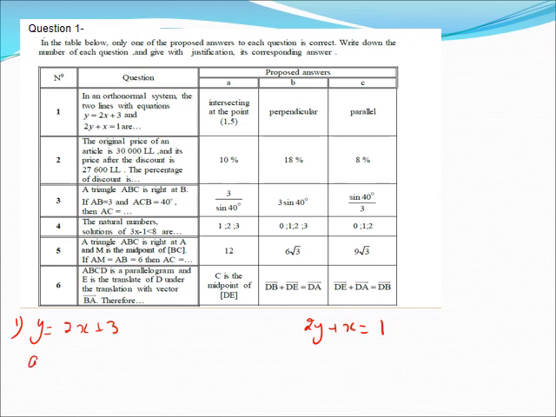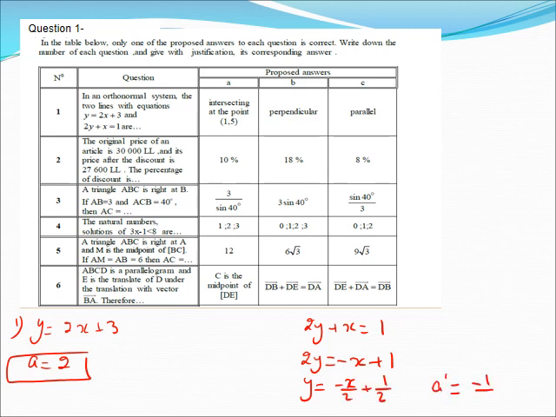First, the slope here is 1, while for the other, 2y equal minus x plus 1, y equal minus x over 2 plus 1 over 2. Slope here is minus 1 over 2. Slope times slope equal 1 times minus 1 over 2 equal minus 1.